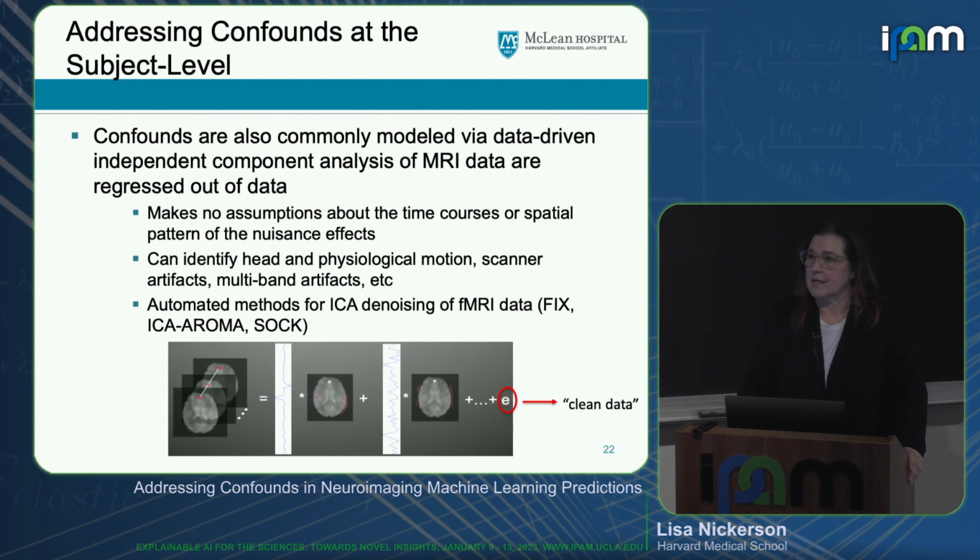Tools like FIX and ICA-AROMA do a really good job of cleaning up some of this garbage in the data. If you don't use an automated tool, the downside is that you have to label the components yourself, and that requires a certain familiarity with what ICA spatial maps and time courses of these effects look like. So, the automated tools are nice.